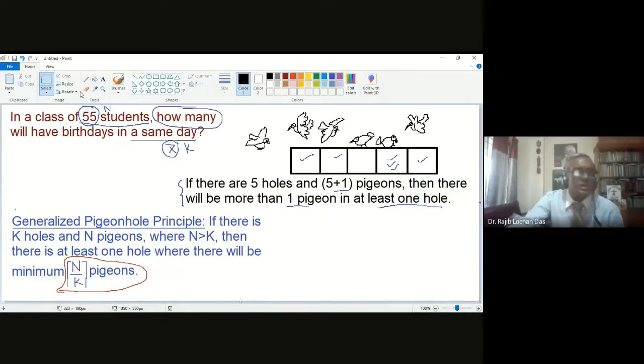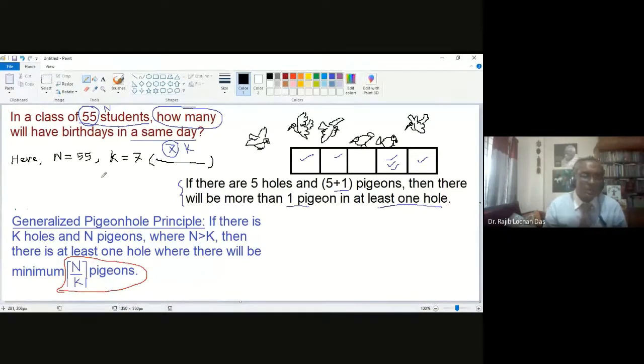Here the n is 55 and k is 7. You can write because there are 7 days. You can write the explanation.